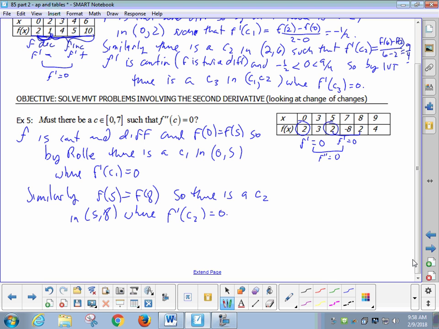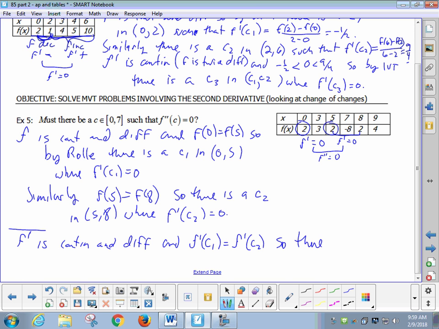Now, how do I establish that F double prime has to be 0? Okay, so F prime, do I say F is differentiable or F prime is differentiable? F prime is continuous and differentiable, or just differentiable. And we're going to go Rolle's again, so I also have to say the equivalence of values condition: F prime at C1 equals F prime at C2.